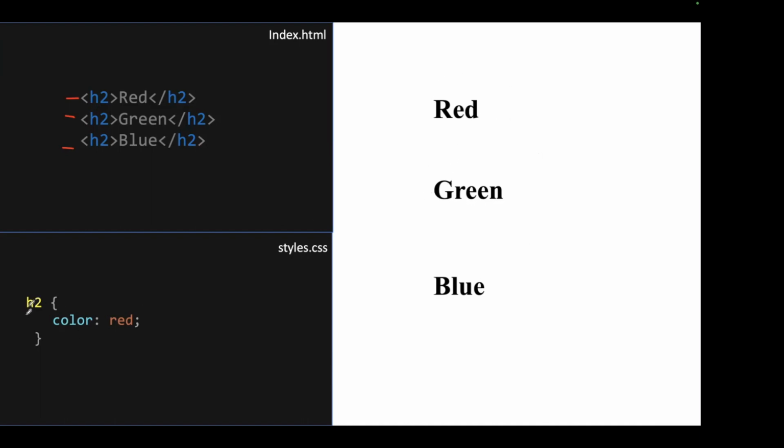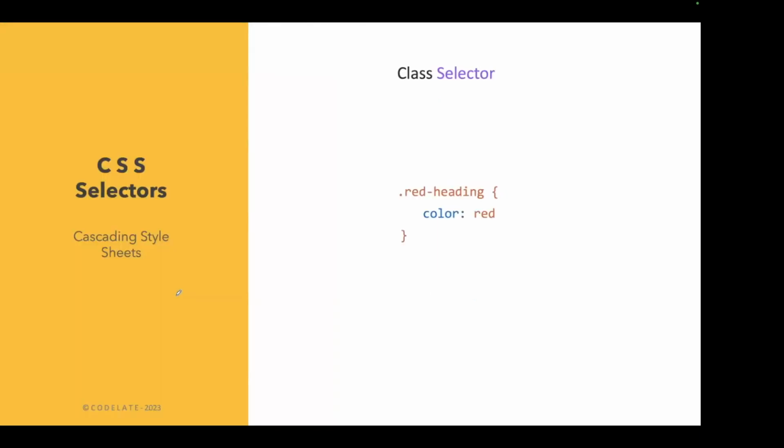Now, if we apply this style, H2, and we style it color red, what we're going to see will be like this. But what if that's not what you want? What if what you actually want is to give them different colors? That way, we need to look at what is called class selectors. Before, what we just finished doing was using element selectors.